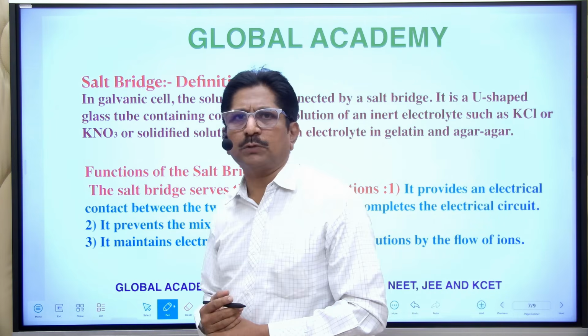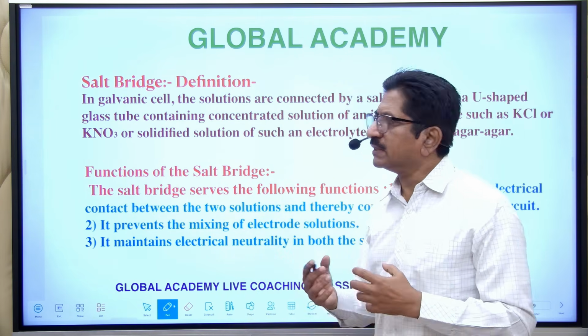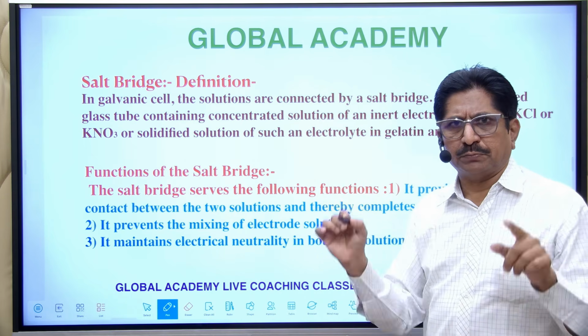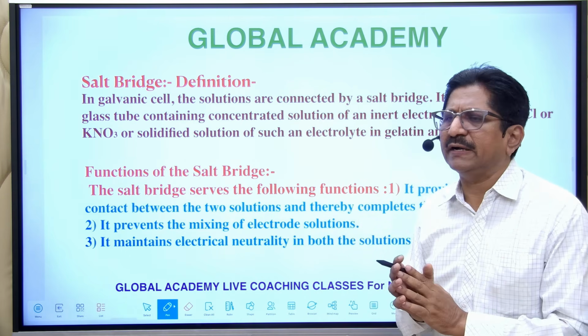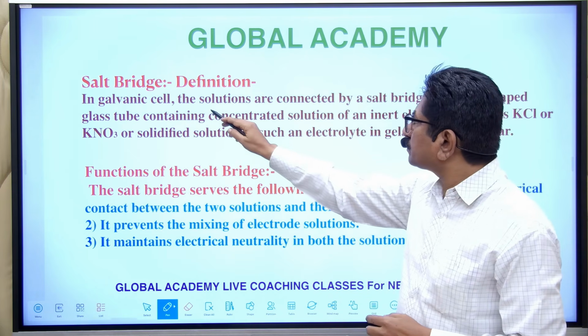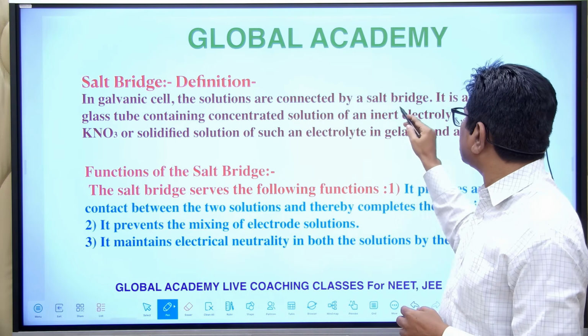Now, what is a salt bridge? As we just studied, a salt bridge is nothing but a U-shaped bent glass tube. In a galvanic cell, the solutions are connected by the salt bridge.